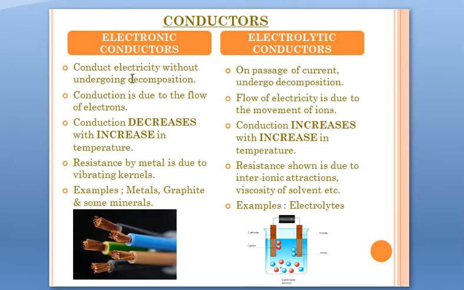What is conduction in these? Conduction is due to the flow of electrons, and anything causing hindrance will slow down the conduction. Thus when we increase temperature, vibration of kernels increases, hindrance increases, slowing down the movement of electrons, because of which conduction decreases with increase in temperature.